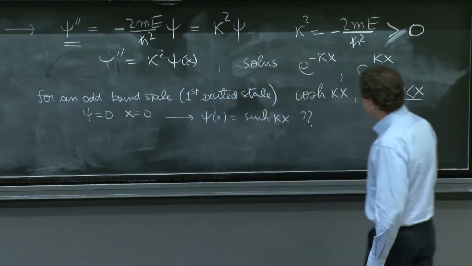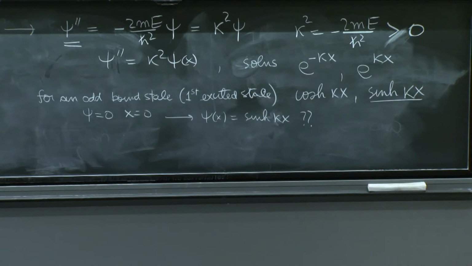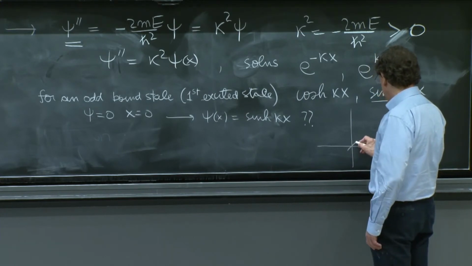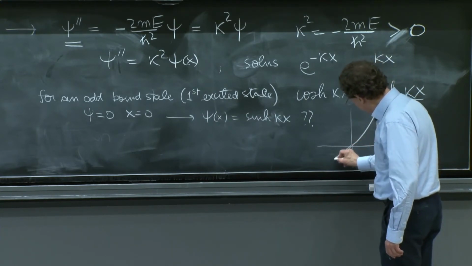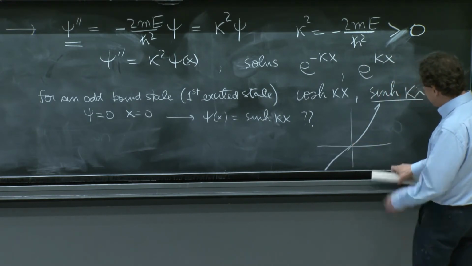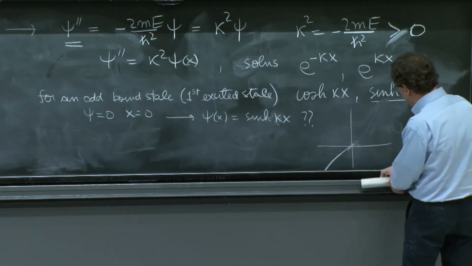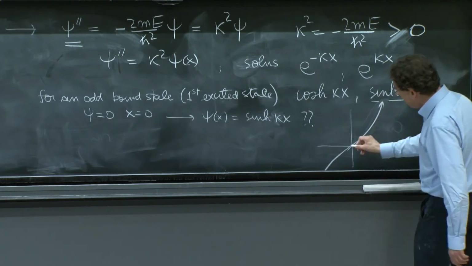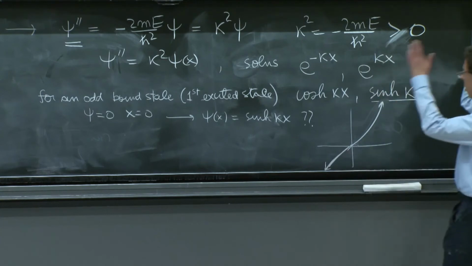But that's not good. sinh of kappa x is like this, and then blows up, blows down. It has to go like this. It is in a forbidden region, so it has to be convex towards the axis and convex here, but it blows up.